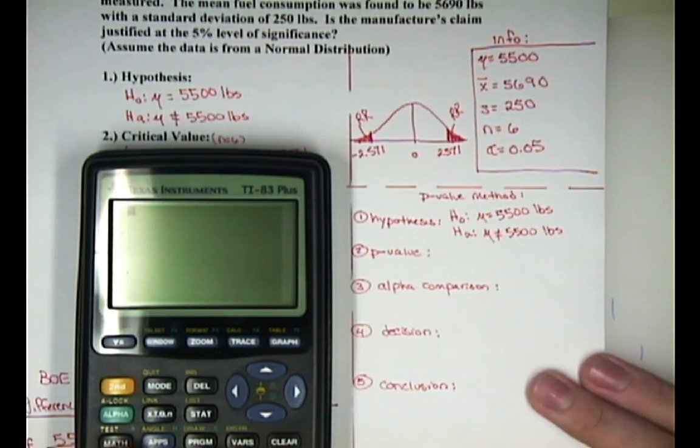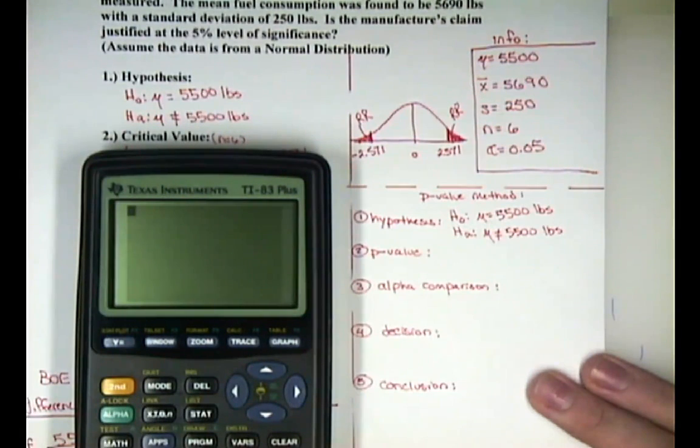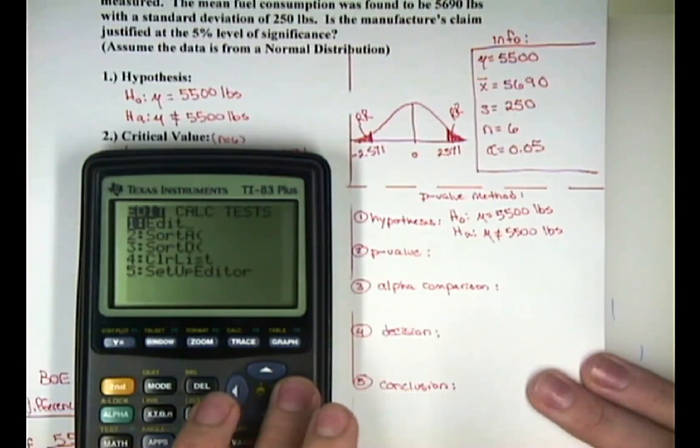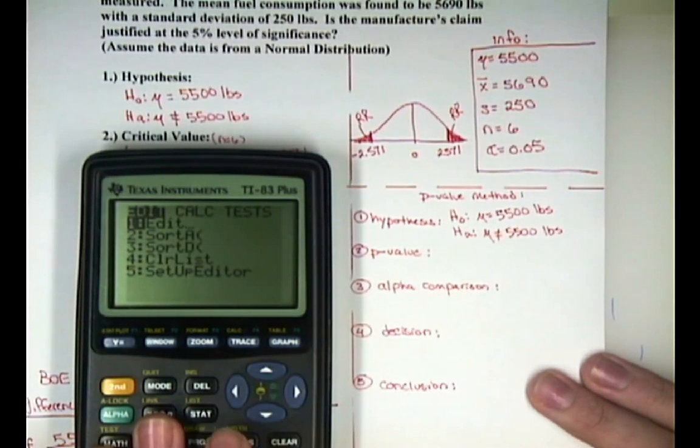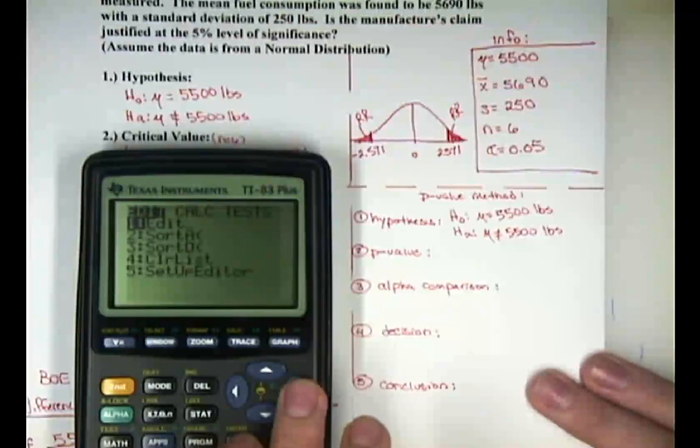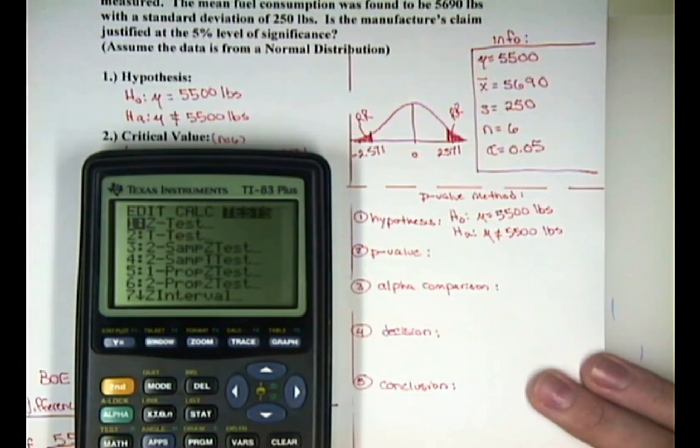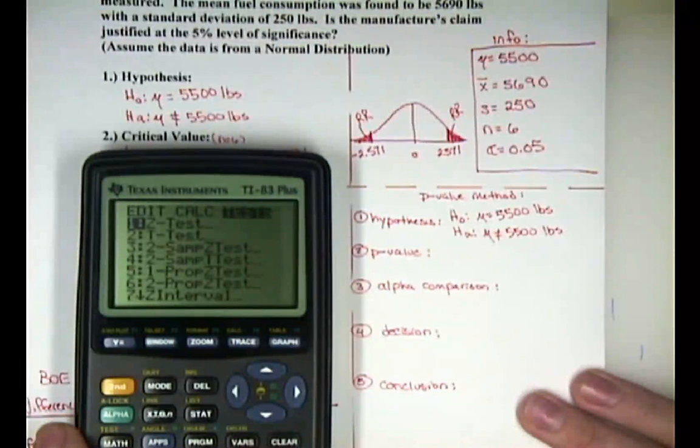However, we have this great calculator, so I'm going to just ask it to find the p-value by pressing stat. Once you get into your statistics menu, on this one particularly, you have to go over to tests, and then you have to decide whether you're doing a z-test or a t-test. Well, you have to ask yourself, is sigma known?